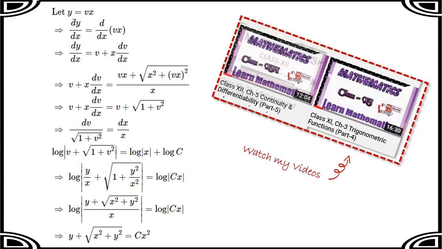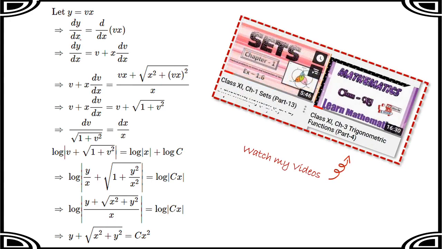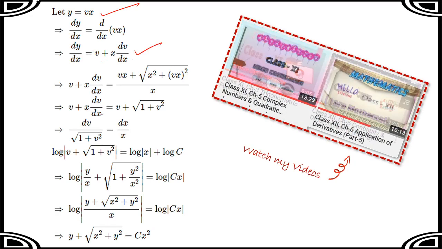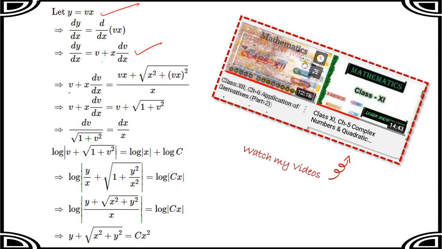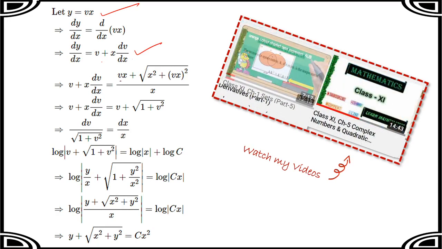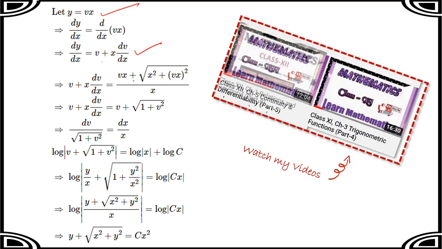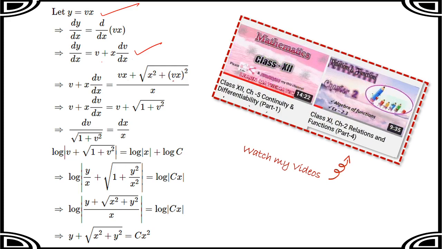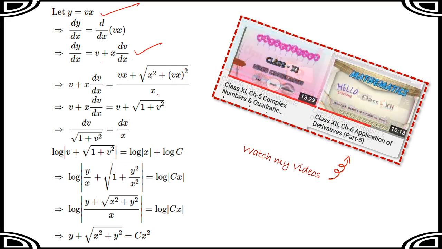It is a homogeneous equation. For solving, what we have to do: y equal to vx, dy by dx equal to v plus x dv by dx. Input both the values in that equation. V plus x dv by dx is equal to vx because it was y, plus under root x square plus y square. Instead of y square, we have written vx whole square upon x.